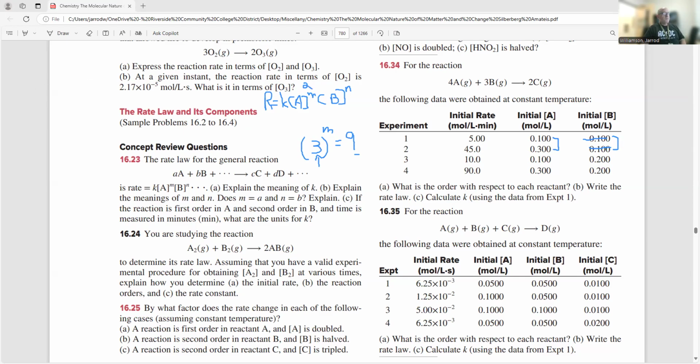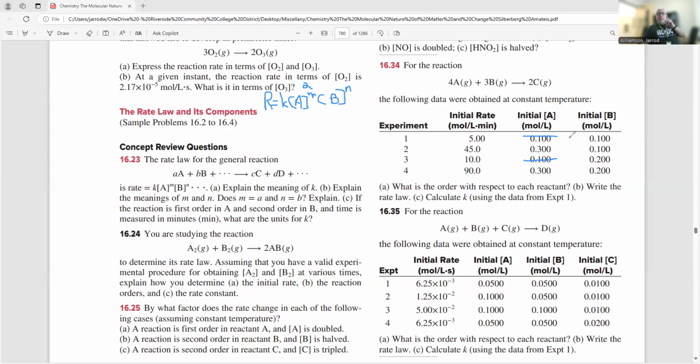All right. So now from common sense, we could do it with logarithms, but here from common sense, we know M is 2. Okay. So we did that. Now we want to get N. So let's compare experiments 1 and 3.